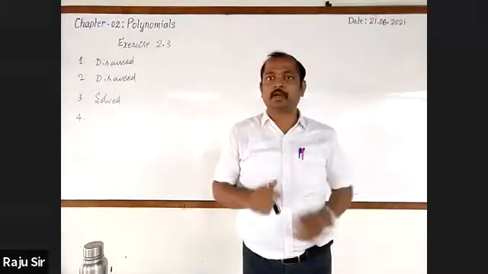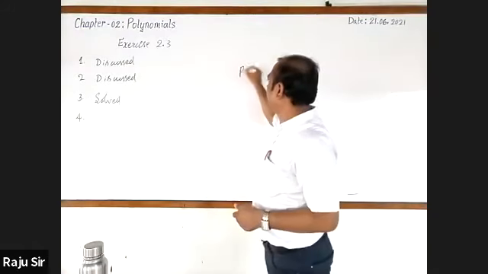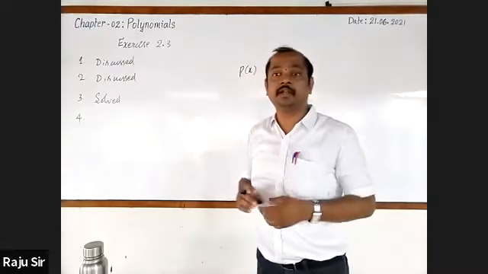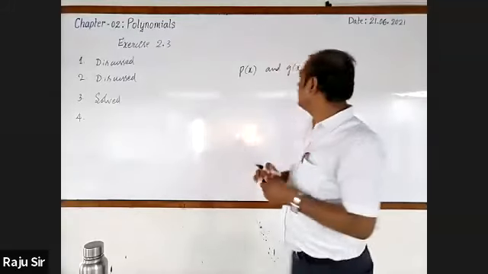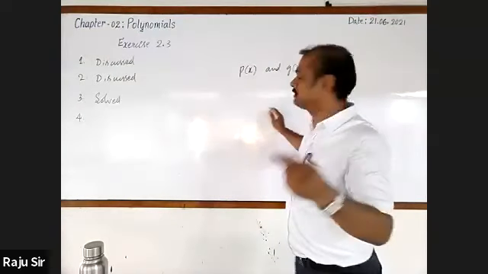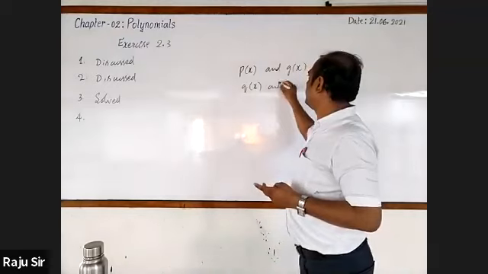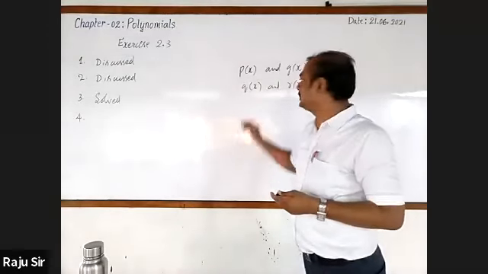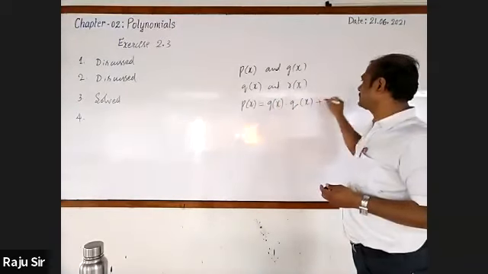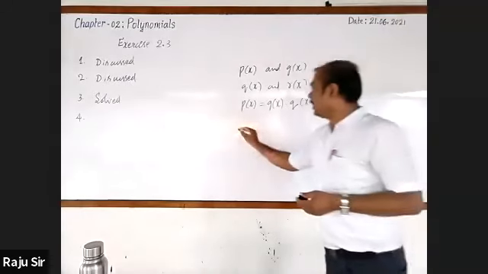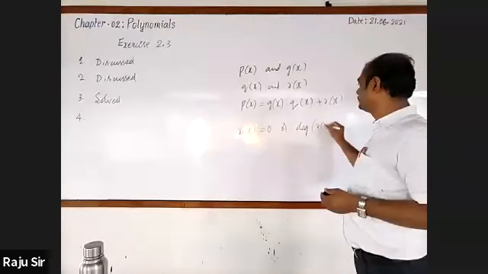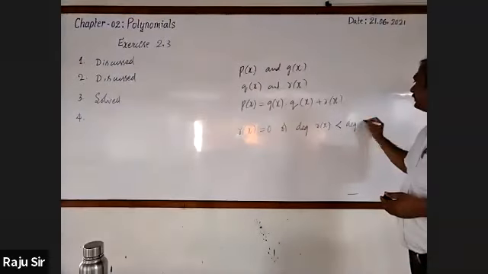The statement of division algorithm is, if p of x and g of x are any two polynomials of degree greater than or equal to 1 and g of x is not equal to 0, then there exist two unique polynomials q of x and r of x satisfying the statement that p of x is equal to g of x into q of x plus r of x, where r of x may be equal to 0 or degree of r of x is less than the degree of g of x.